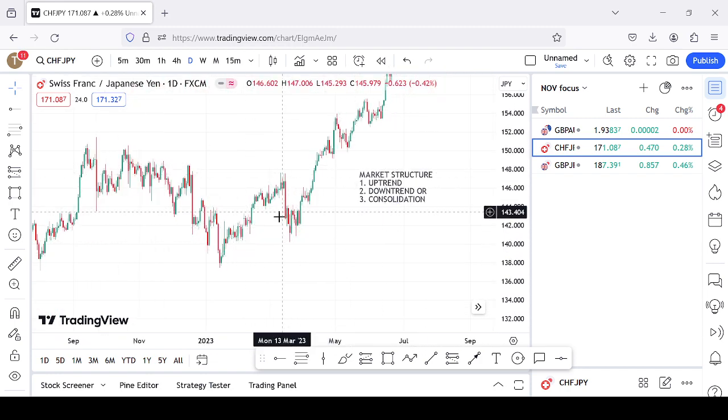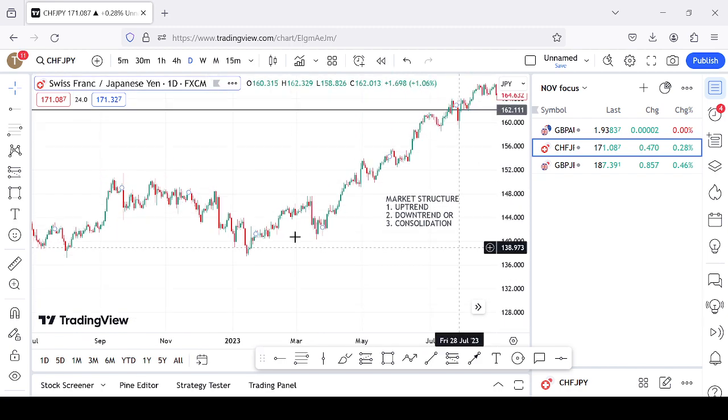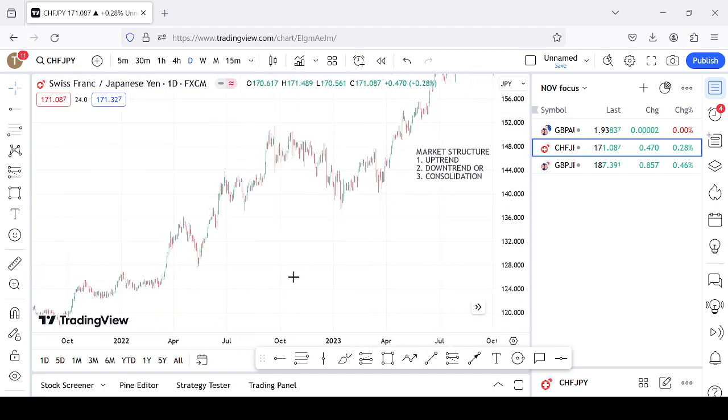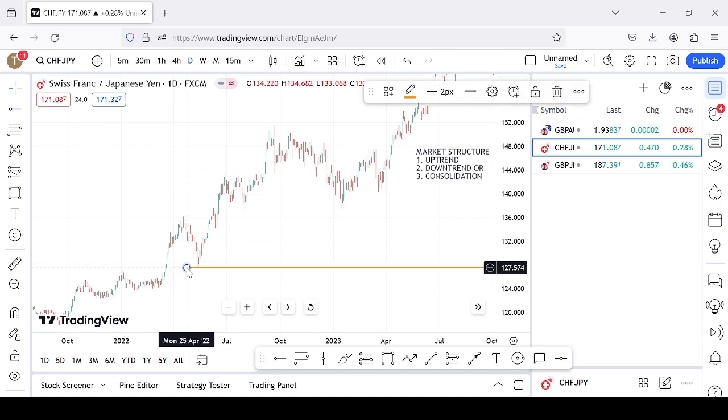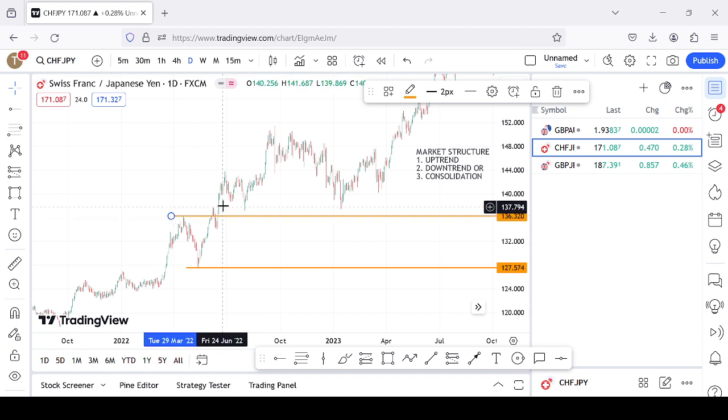So an uptrend market example is this market we have here. This is quite an uptrend. If you zoom, it's the best way you can see. You can start from here where the trend started. This is the lowest point, and then it had the highest point here. So it continues making higher highs and higher lows.